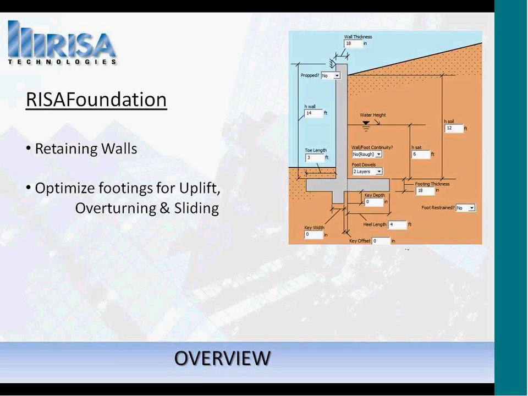We also added the optimization of footings for uplift, overturning and sliding. In the past, you've had footings, and it would give you a warning whether you were getting some uplift or overturning. It would give you some ideas of how you were failing, but now we're going to actually optimize that for you. So those are the big features in RISAFoundation.